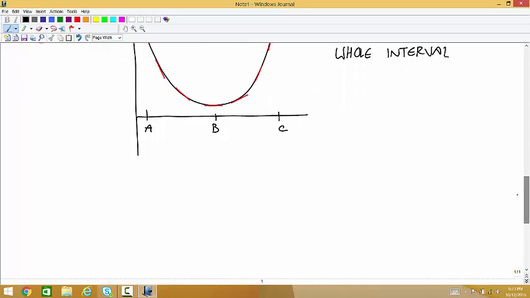So if you had something like this, it's concave up to about here, and then concave down on the rest of it. So this is a positive acceleration, and this is a negative acceleration. Any other questions?